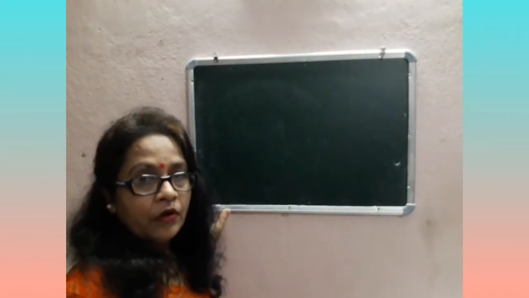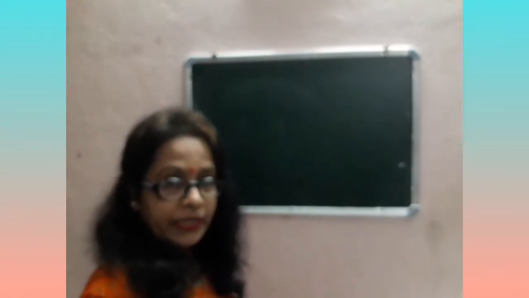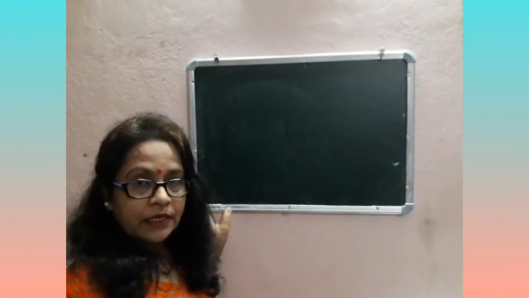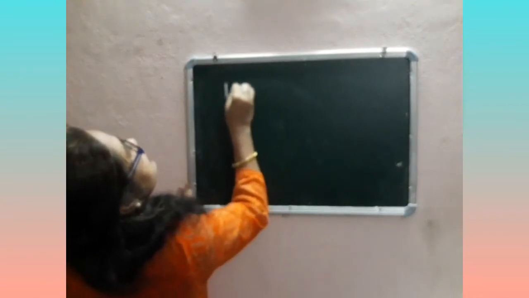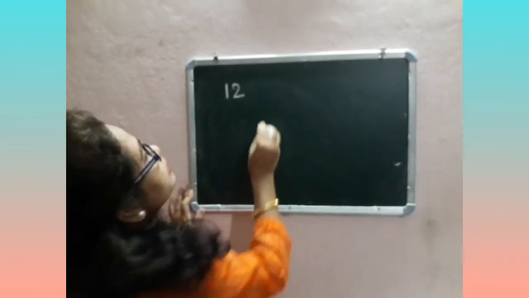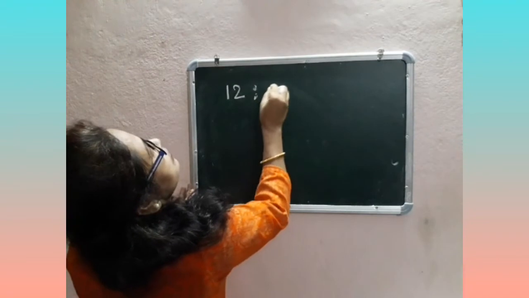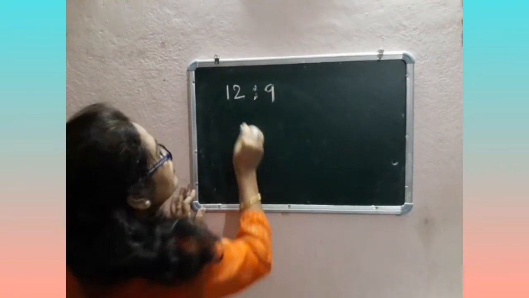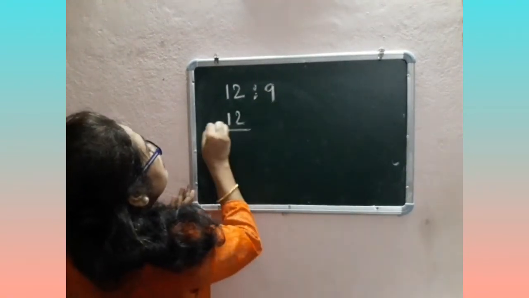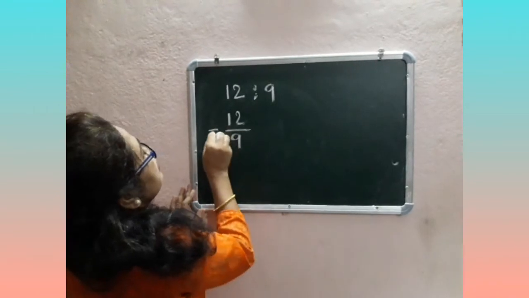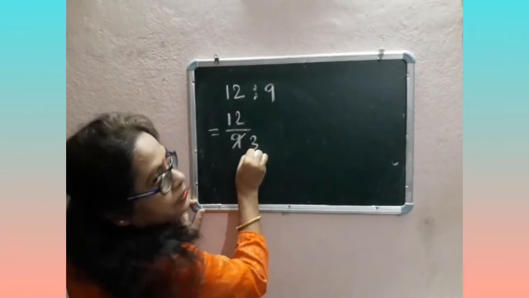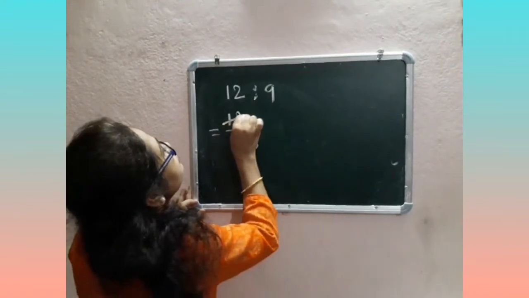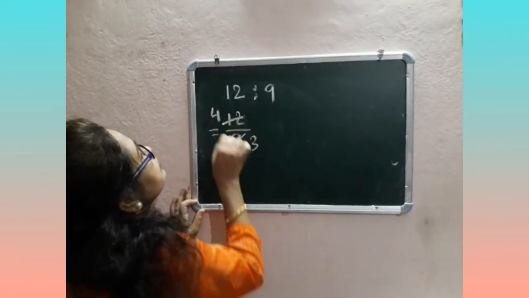Ratio should always be in its lowest form. Suppose the ratio 12 is to 9. 12 by 9 is the fraction form. 9 divided by 3 is 3, 12 divided by 3 is 4.